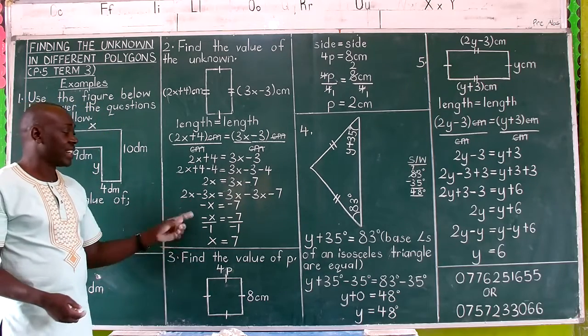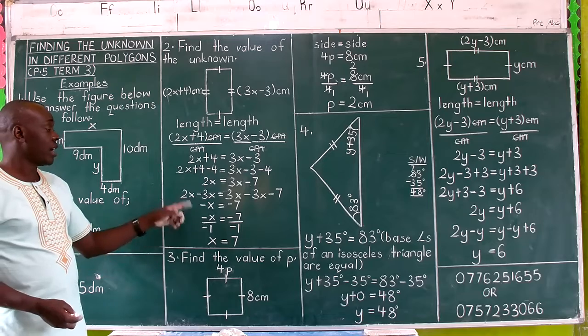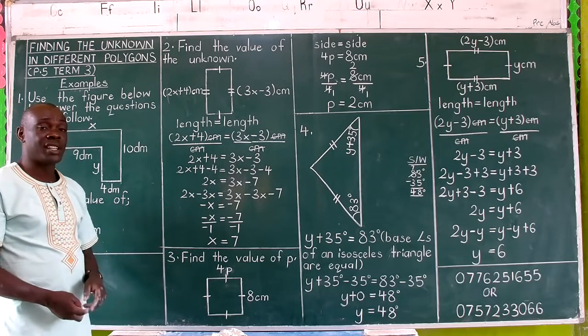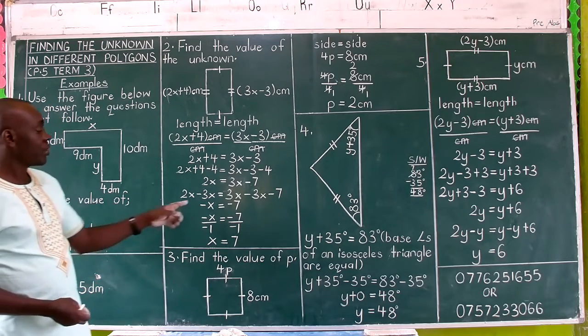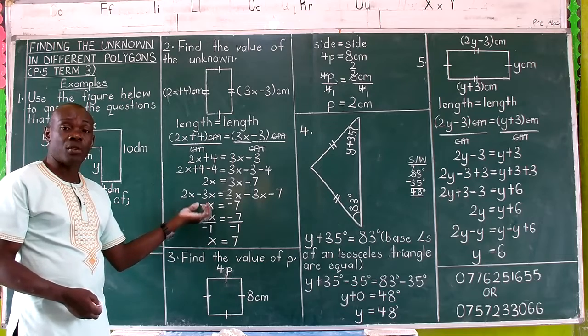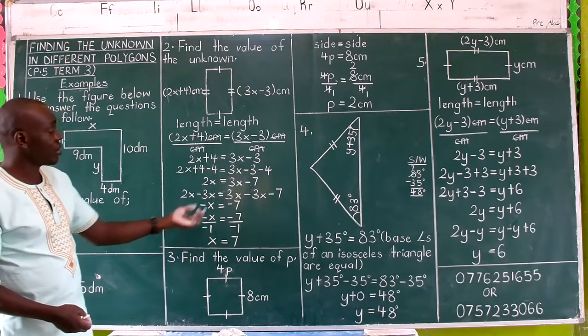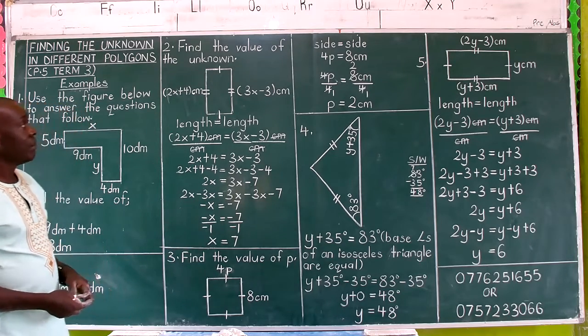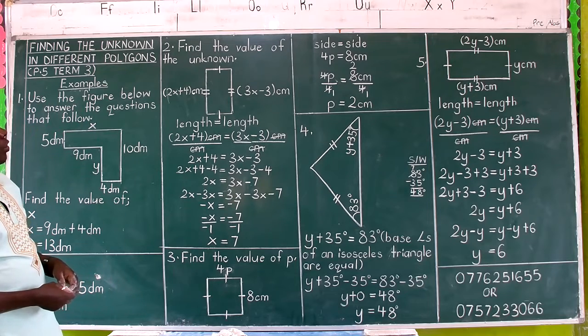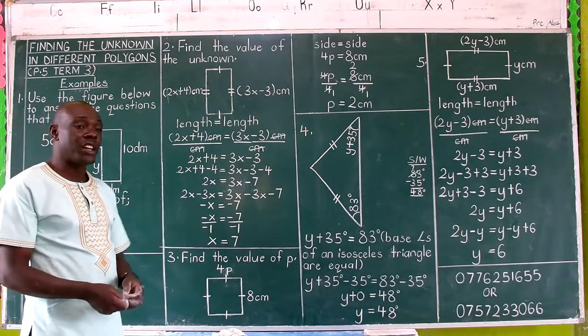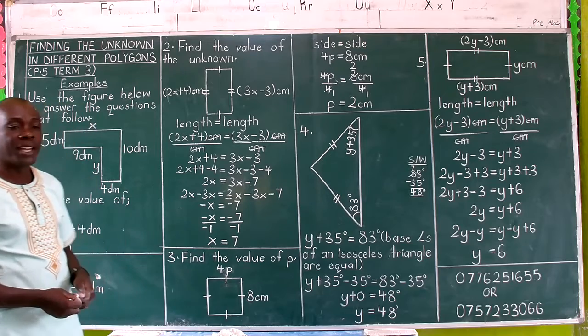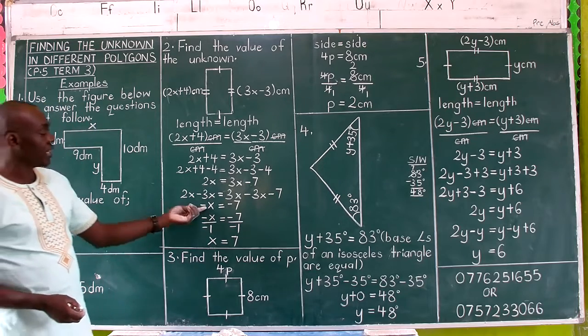Then 2 minus 3 is a negative 1. We are not allowed to write negative 1x. You instead say negative x. Negative x is equal to negative 7. But remember, you were asked to find the value of x, which must not bear a negative. But this one has got a negative.